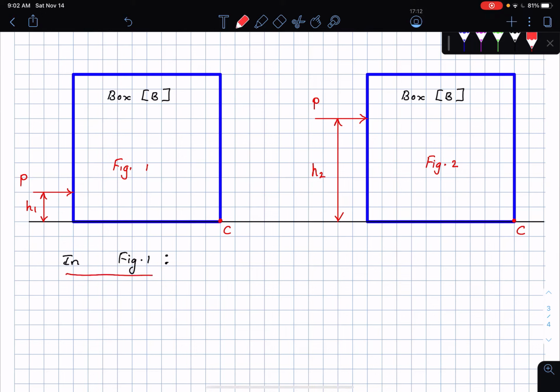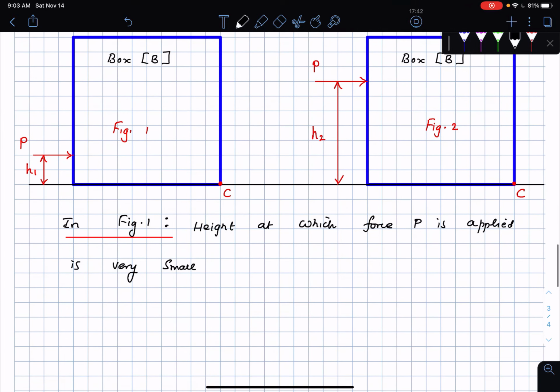In figure 1, what is happening? The height at which the person pushes on the box is very close to the ground. The height at which the force P is applied is very small.